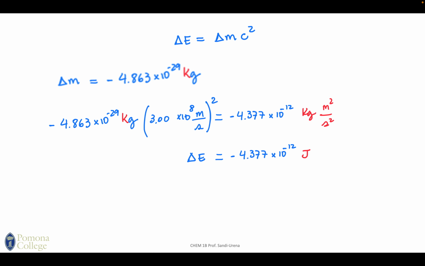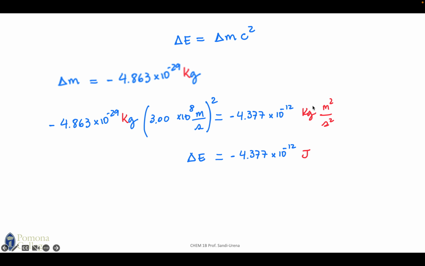So we take that mass change times c squared, and we get this value. The units of the product will be kilograms times square meter over square second. It is very important to keep track of your units, because if you don't, you're going to mess up.